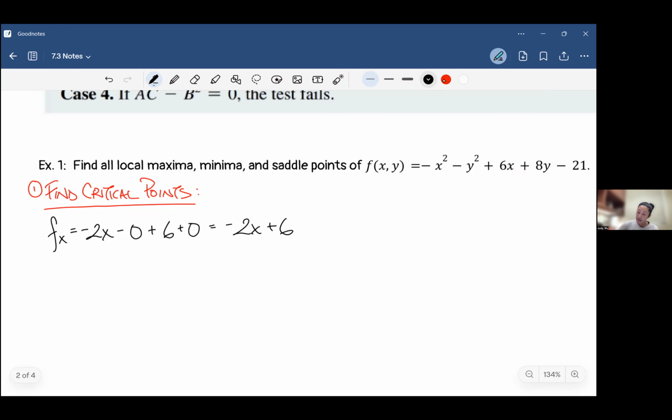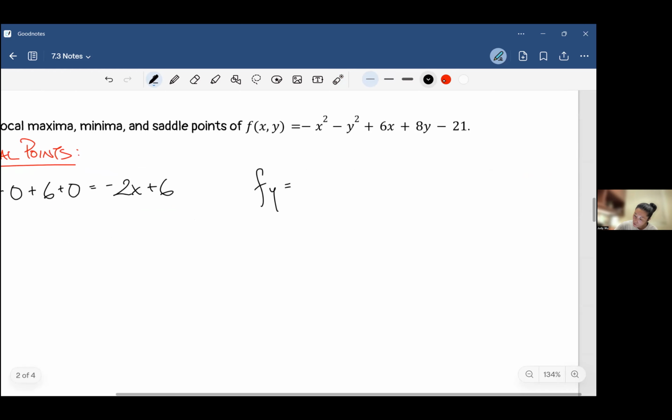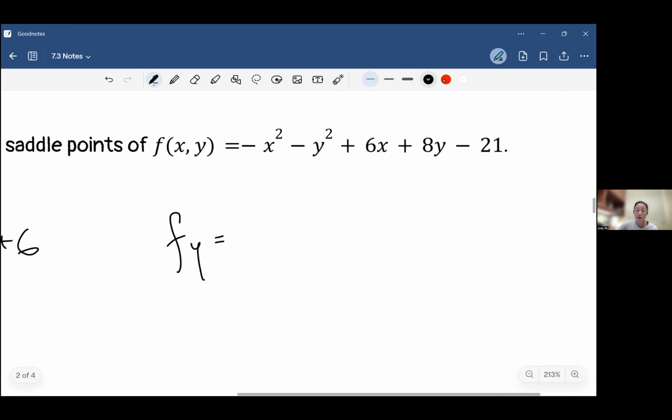Now let's take our fy. We're going to go through the same function, but now we're treating x as a number and y as a variable.